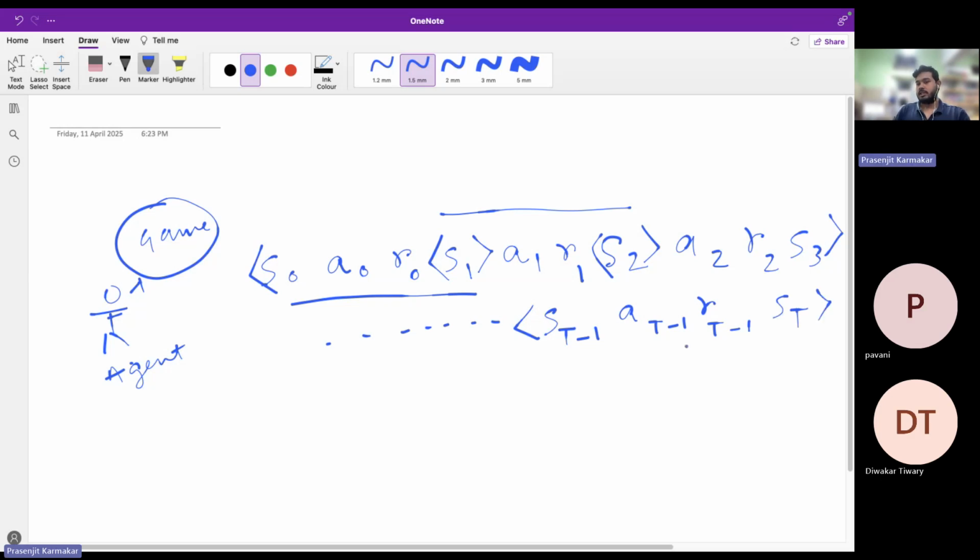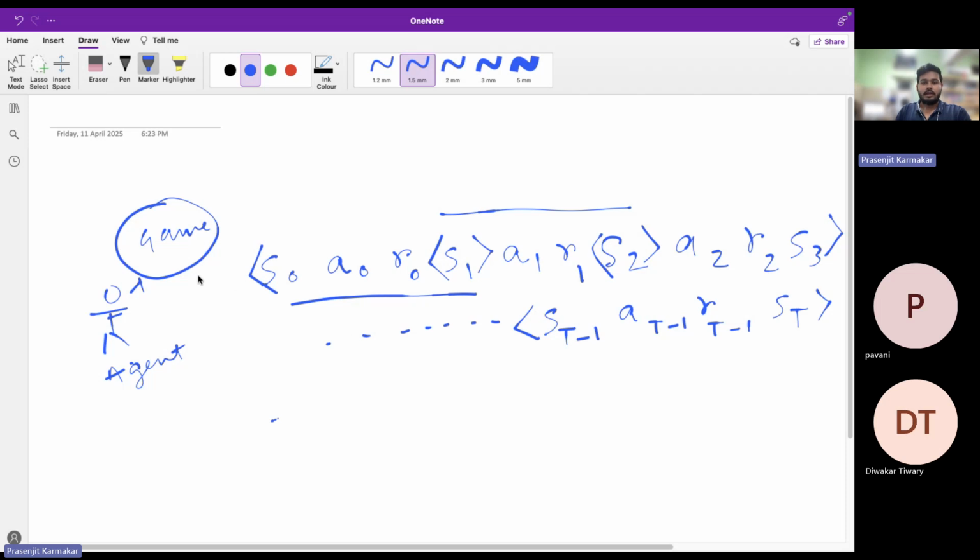Right? T is the terminal state. So the length of the trajectory is t plus 1, or you can roughly say it is t, right? Okay. So this is called a trajectory, and let's say this is trajectory 1.